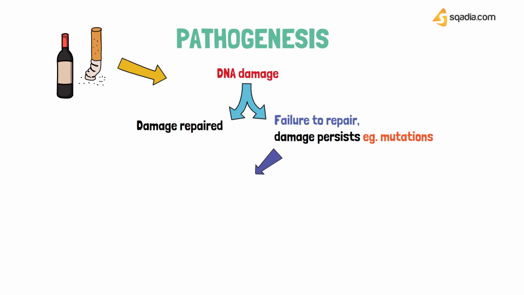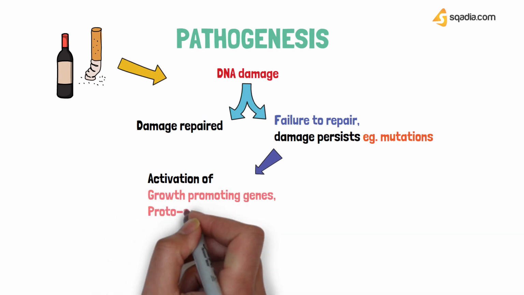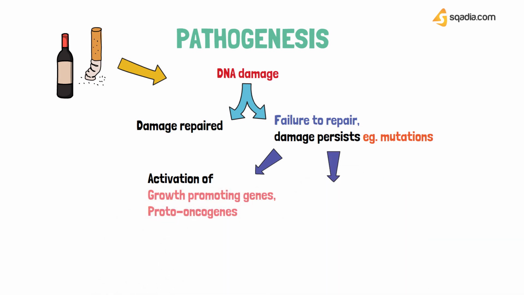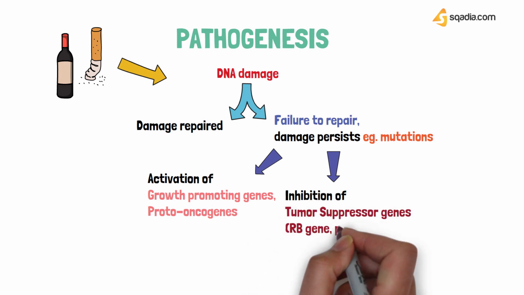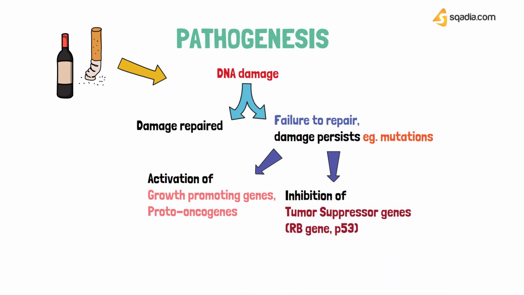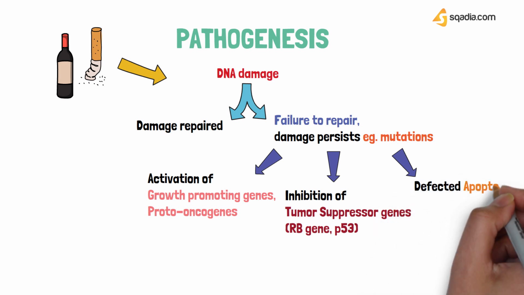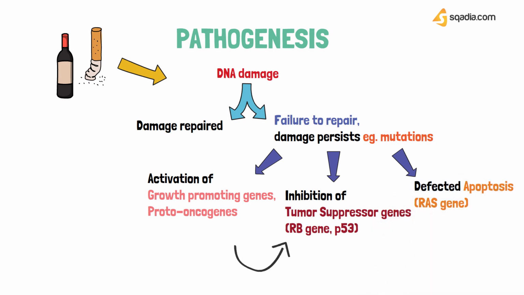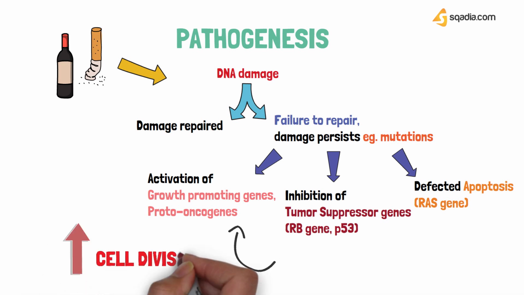One of the 3 things may occur: activation of growth-promoting genes, the proto-oncogenes. Then there is the inhibition of the tumor suppressor genes, which includes RB gene and the p53 gene. Then there is also going to be defective apoptosis by the RAS gene. Now these factors combine together and cause an increased cellular division.